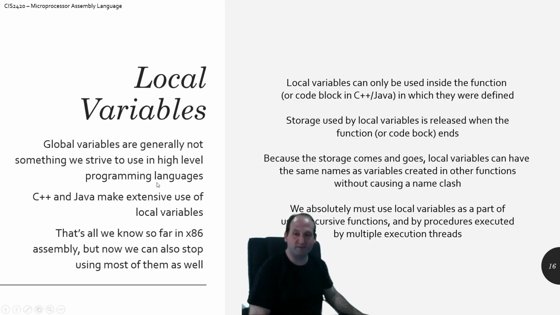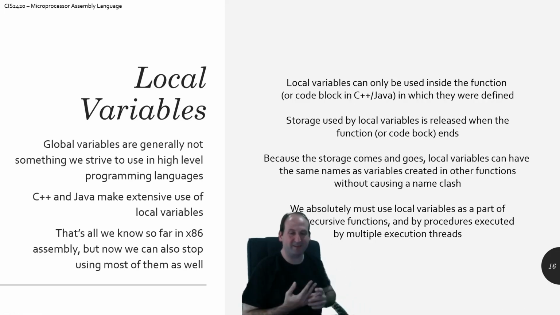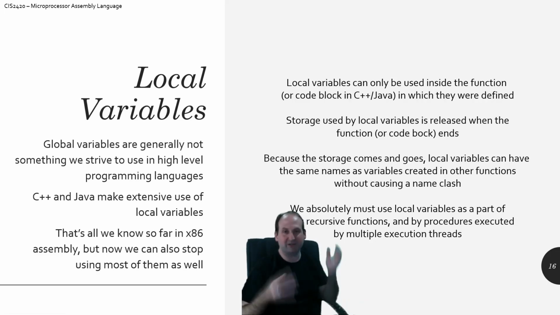Okay, so global variables, we generally don't do this in a modern environment. C++, Java for sure. Python is in that weird little land where some things are global, some things aren't, all sorts of weird stuff. But we generally don't do that. But as I said, we definitely have been doing that nonstop since day one of this course, global variables in x86 assembly language.